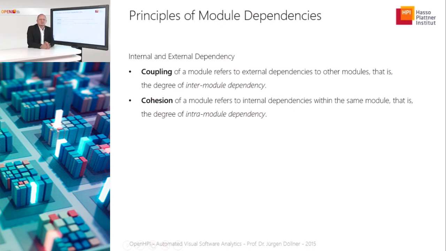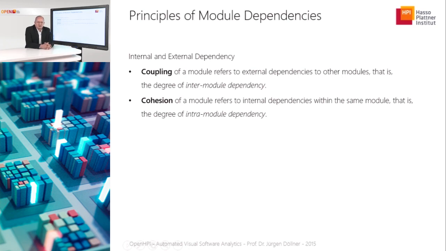We also distinguish between internal and external dependency. Coupling of a module refers to the external dependencies to other modules. That is, coupling quantifies the degree of intermodule dependency. We can also have a look into one given module.